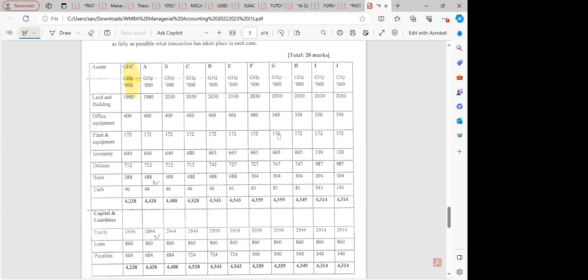Plant and equipment is the same. Inventory is the same. Debtors has gone up by 20. Debtors, those that owe you, has gone up by 20. Your bank is the same.